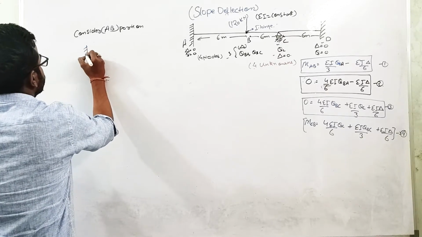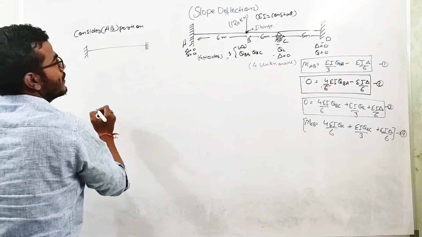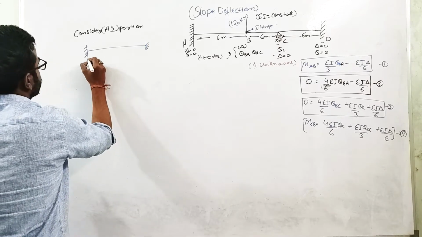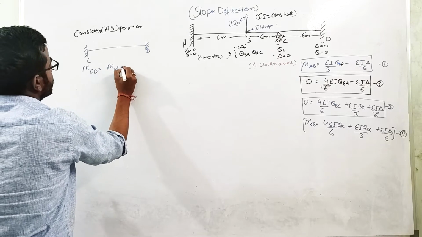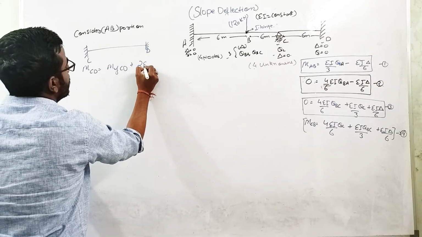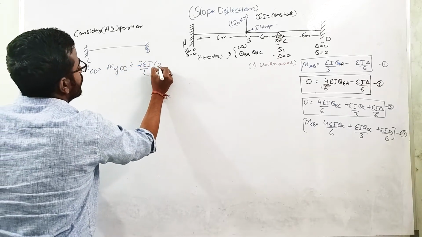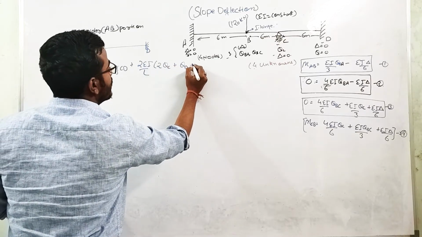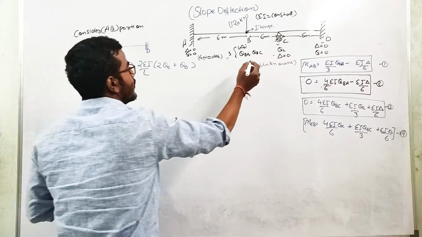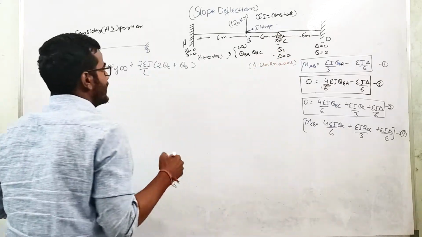Now if we consider this as a fixed support, this is C, this is D. So I can write M_CD equals M_F,CD plus 2EI over L times (2θ_C plus θ_D). There is no settlement of supports for C and D, so the delta term will not be there.